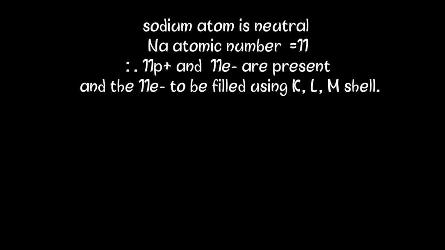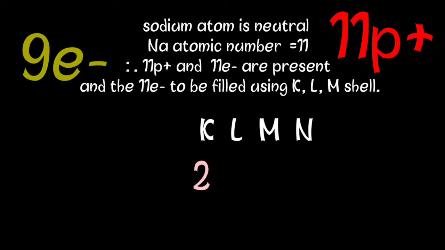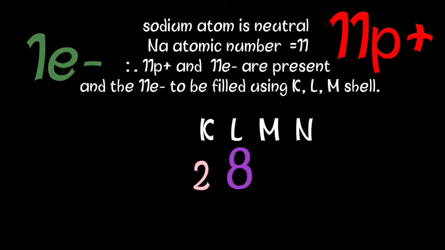But we are filling only electrons and not protons, since the protons are inside the nucleus, but electrons are outside the nucleus. 11 electrons are to be filled. Give 2 to K shell, we have the remaining to be 9. Give 8 to L shell, the remaining is 1. Give it to M shell, we have 2, 8, 1.